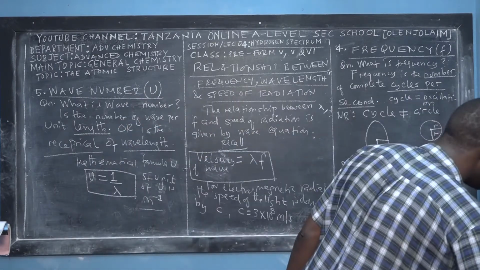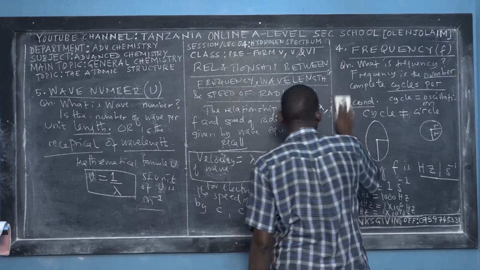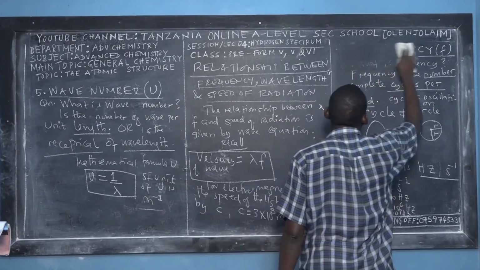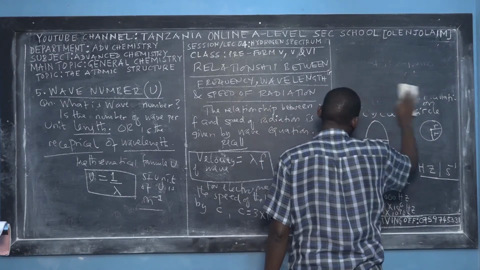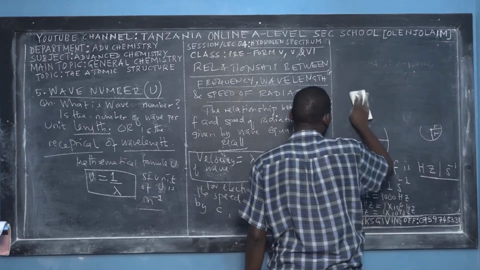In chemistry, as in physics, we do not represent the velocity of the wave by using V, but by using C.